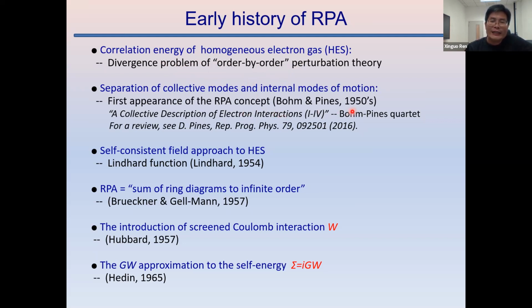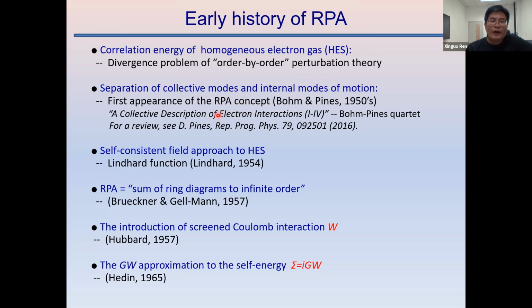Only in the early 50s, Bohm and Pines realized that for these electronic systems, a good approach is to separate the so-called collective modes and the internal or individual modes of the particles. They did so by invoking the so-called RPA approach.